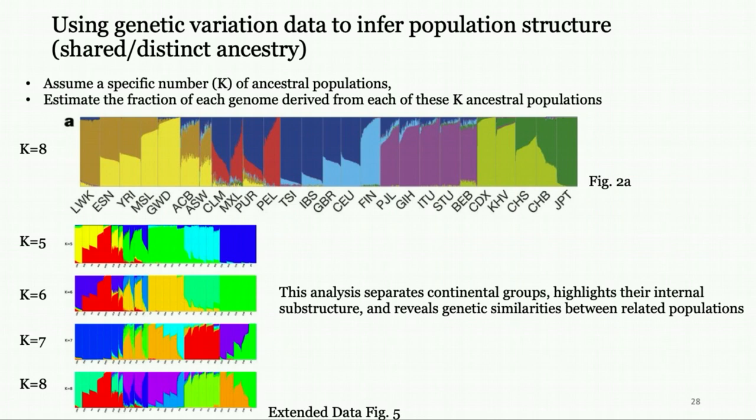But when we set the ancestral population to 5, basically you can see that here are the East Asian populations. So one of the ancestral populations will correspond to the ancestral population of East Asia. And here are the South Asians. So the blue color represents the ancestral population of South Asia.